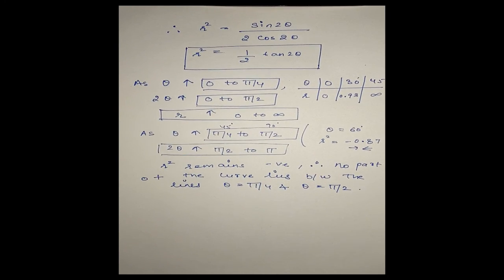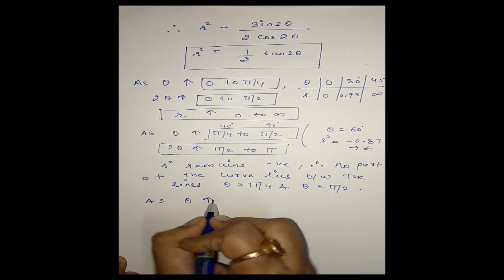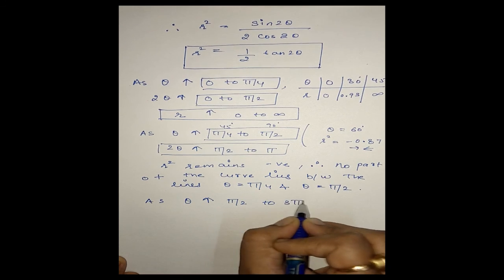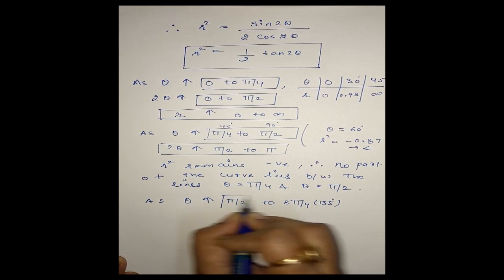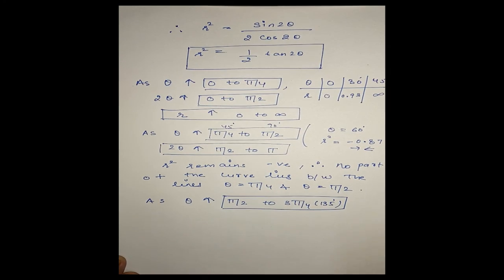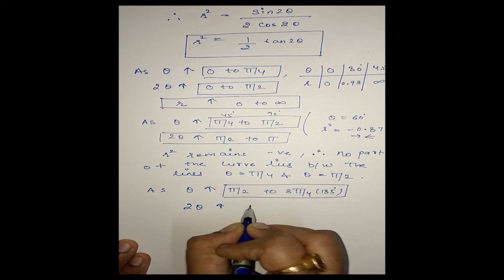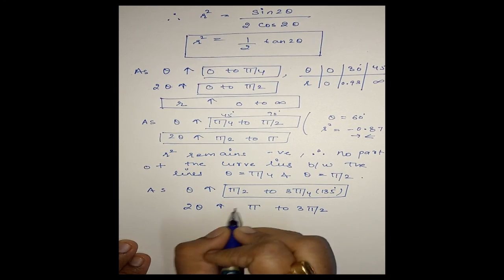Now, as θ increases from π/2 to 3π/4, in the second quadrant, this is 135 degrees, 2θ increases from π to 3π/2.